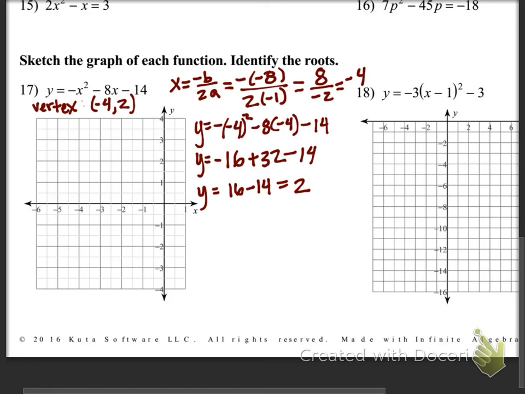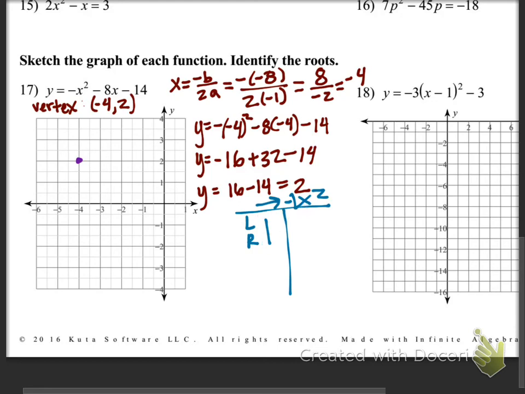Okay, that tells me I can plot my point for the vertex up here at negative 4, 2. And then I want to make a table to figure out the rest of my points. So I'll look at what happens when I go left or right 1 unit. And I want to multiply that times negative x squared. Okay, negative because that's what my a is here. It's just negative 1. So I plug in 1 here.